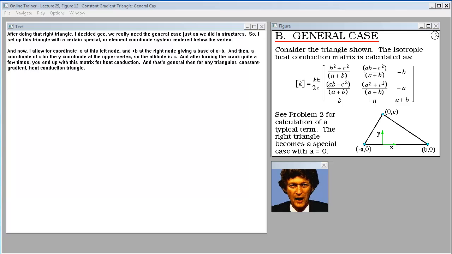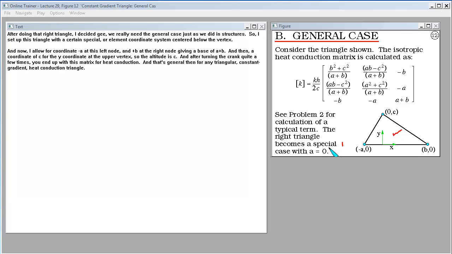After doing that right triangle, I decided, gee, we really need the general case, just as we did in structures. So I set up this triangle with a certain special or element coordinate system centered below the vertex.